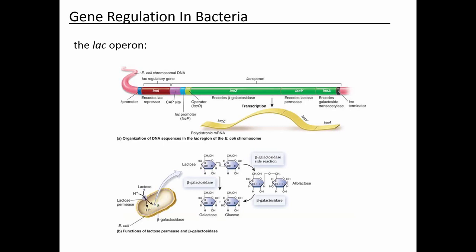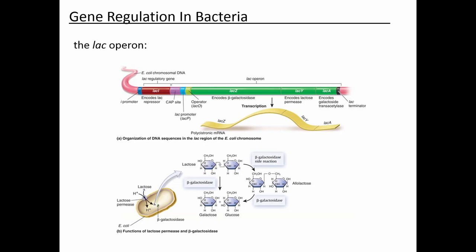Another thing you have to be aware of in order to understand how this operon is regulated is this side reaction that happens in cells when lactose is present, and they're showing you that on the board here. What this bacterial cell wants to happen is to take lactose and break it down into galactose and glucose. That's the main reaction. But there's this side reaction that happens inside the cell where you change lactose into a lactose isomer called allolactose.